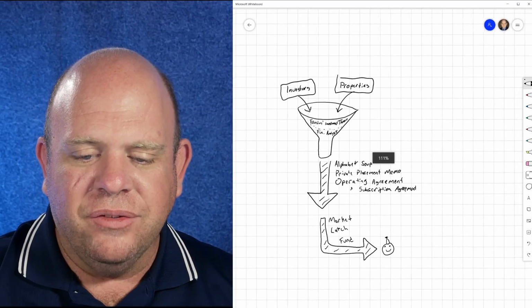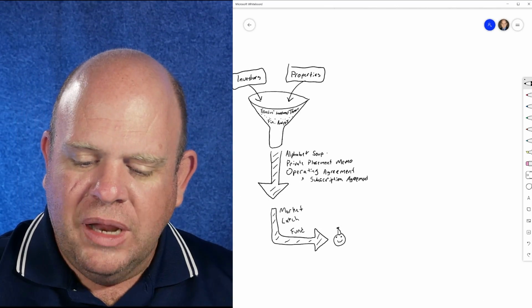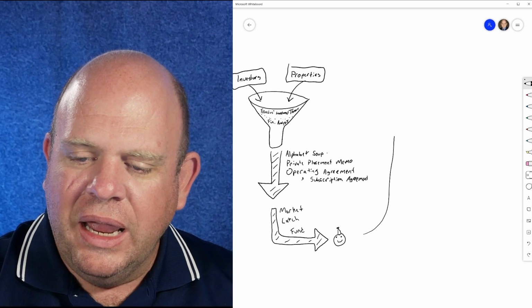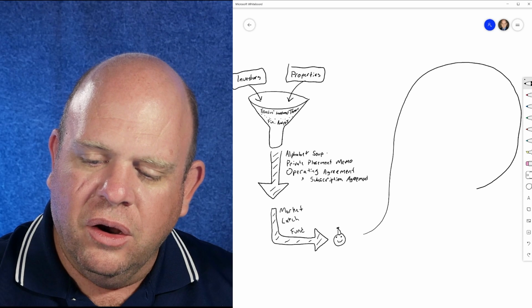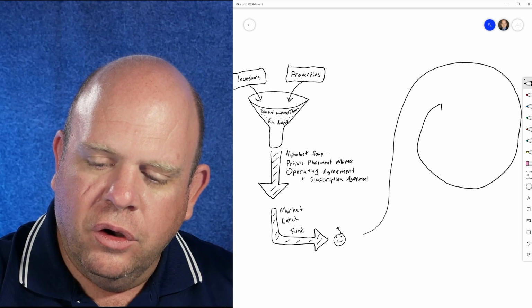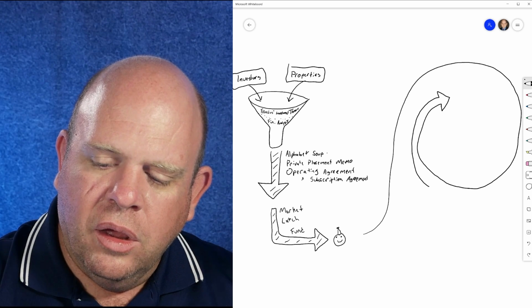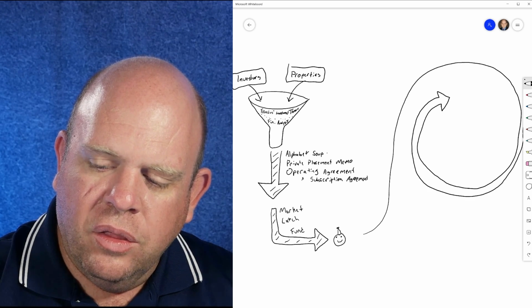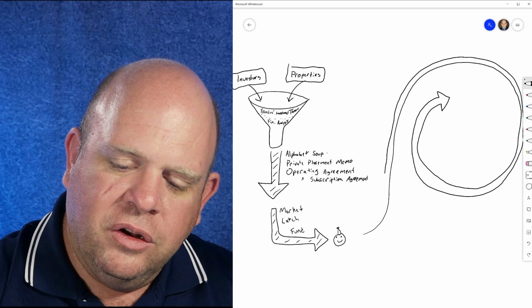But your work as a syndicator is not over. Because now that we've got it, we've got an annual thing that takes place every year that goes over and over and over. There's a process here that we need to do.